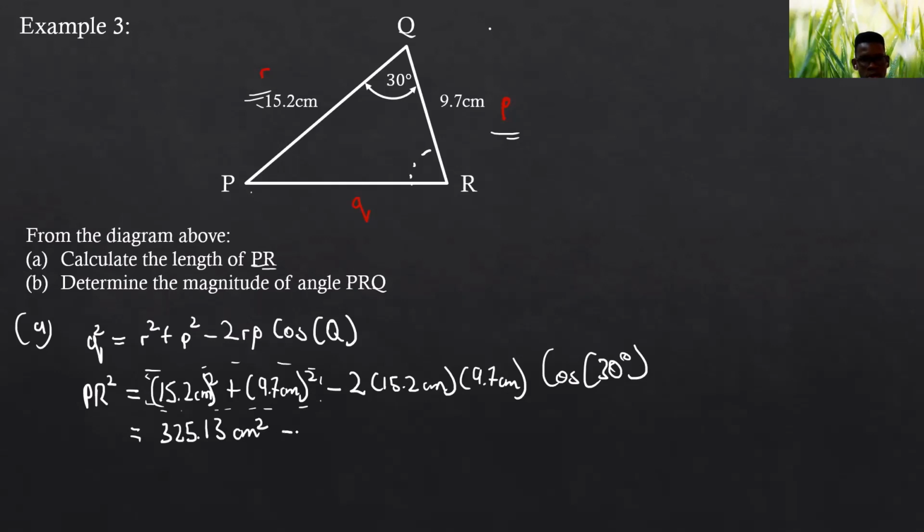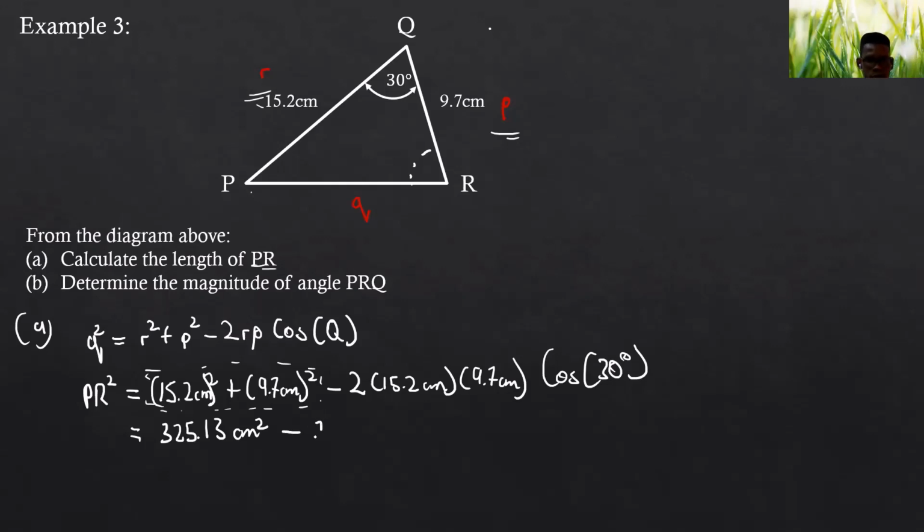Now this is going to be subtracted by 2 times this times cos 30 degrees, so 2 multiplied by 15.2 multiplied by 9.7 times the cos 30.